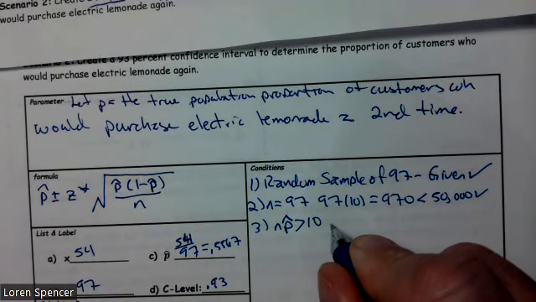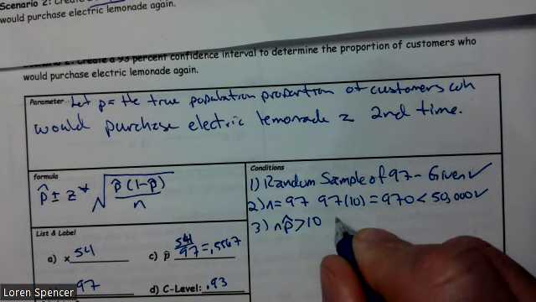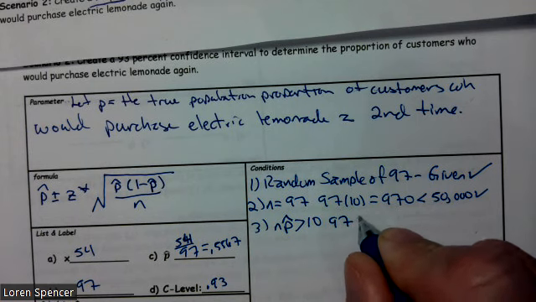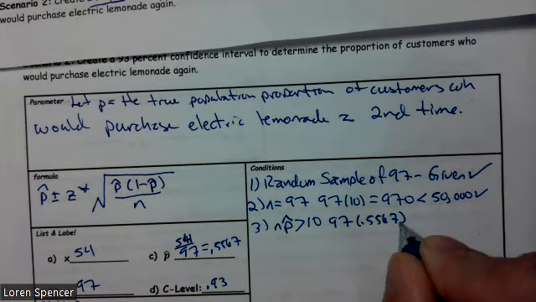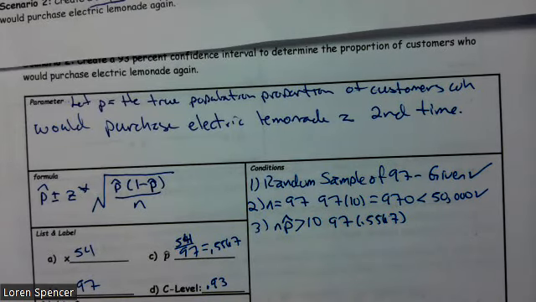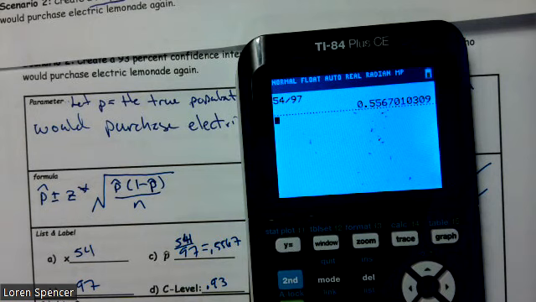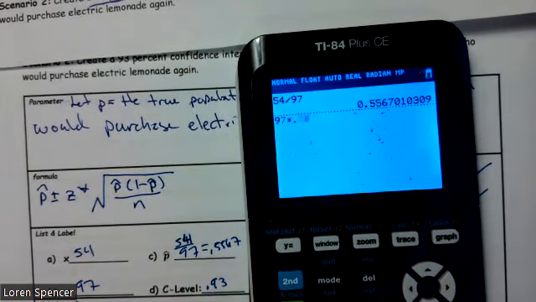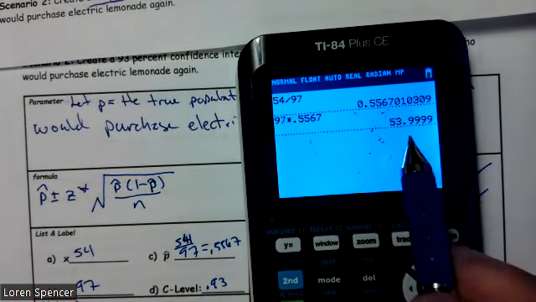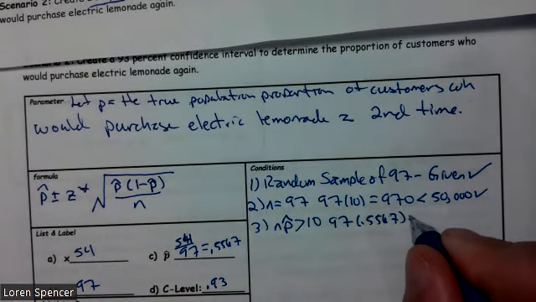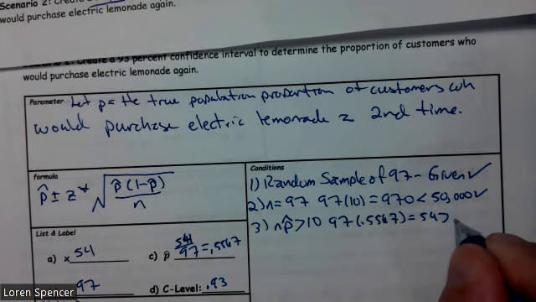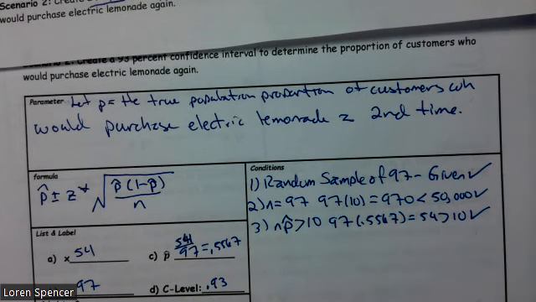So in this case, it's n, which is 97, times 0.5567. Let's multiply that. 97 times 0.5567, and we find out that that's 54. That's greater than 10. So that takes care of that part.